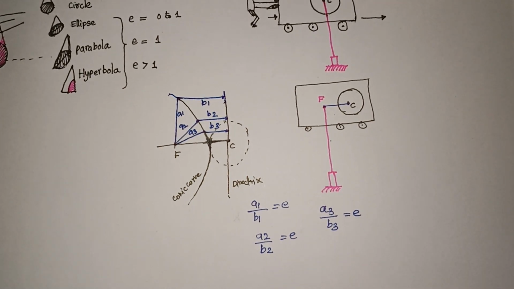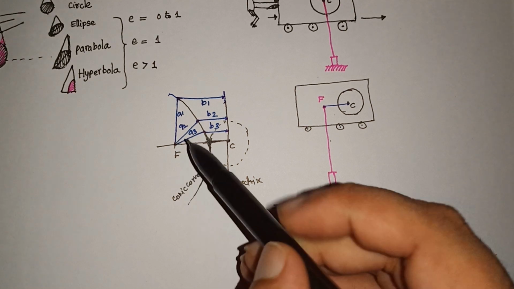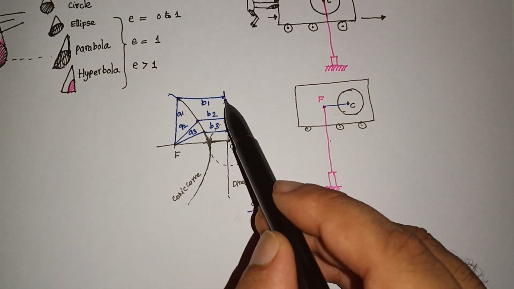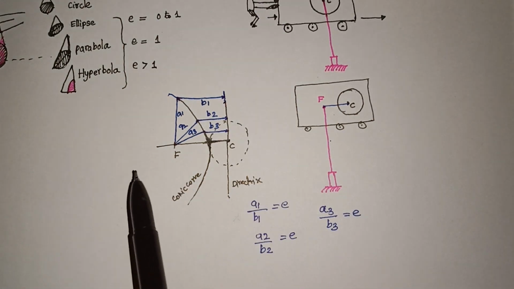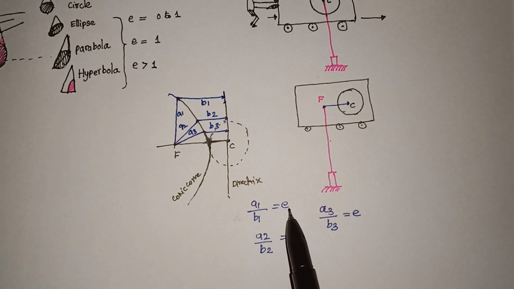Any deviation from circular position or circular path, we define by eccentricity, which is actually a definition. That means the distance from the focus to the distance to the directrix. That is called the eccentricity value. If eccentricity is 0, that means your A1 is going to be 0.